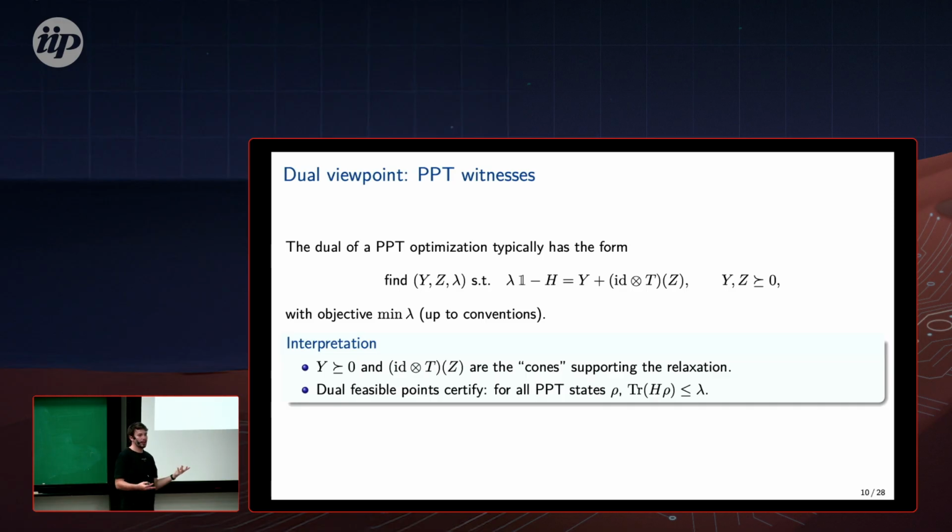So if you just find any dual point that is feasible, you can use this information to potentially detect some entangled states. Just measure the expectation value of H. If it's above a certain threshold, then you're good. So this is how duality theory also helps you to get something maybe practical is a strong word, but there's a physical value to it as well. Okay.